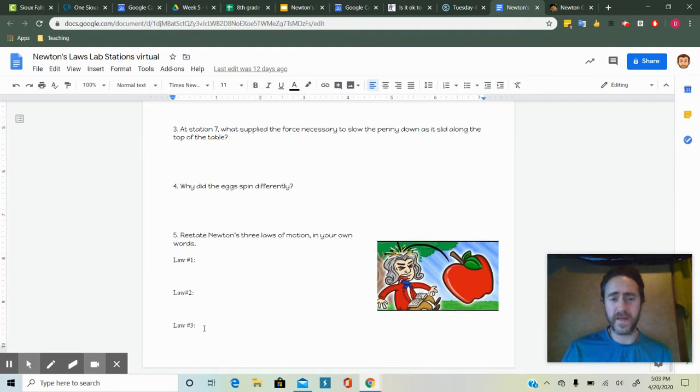Law number 2, really the easiest way is just F equals ma, or force equals mass times acceleration. And the last one is that every force or every action has an opposite and equal reaction, or opposite and equal force. And you've probably heard that one before.